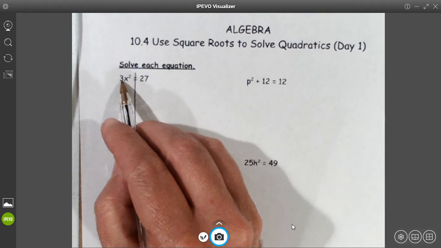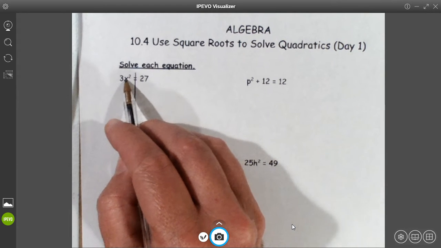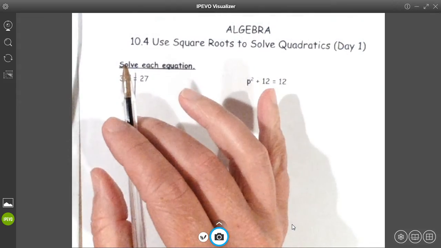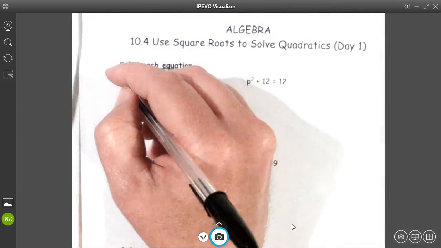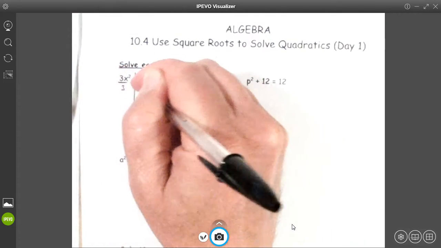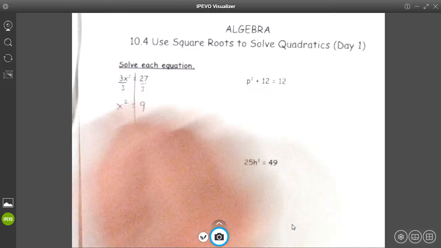So I've got multiplication going on here because I'm multiplying by 3, and I've got an exponent. Order of operations would say do the exponent first and then multiply by 3. Since I'm undoing this problem, I'm going to do that backwards. So I'm going to do the opposite of multiplying by 3. I'm going to divide both sides by 3. And so here I get x squared, and here I get 9.